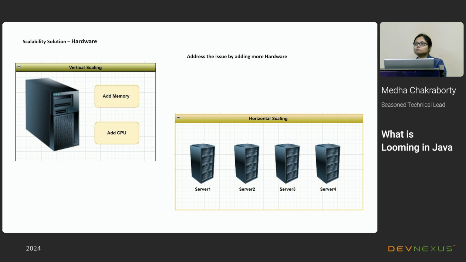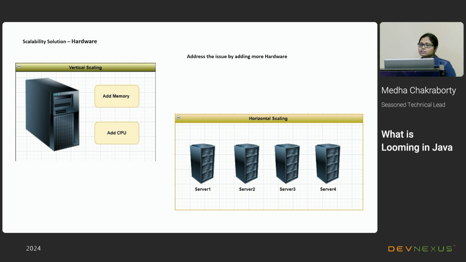Now let's see how we were addressing these issues for so many days, because applications are growing and we are making our applications scalable. We were doing it with two or three options. First is hardware scalability. When we talk about hardware scalability, we have vertical scaling, which is that you increase the memory and CPU of your server.